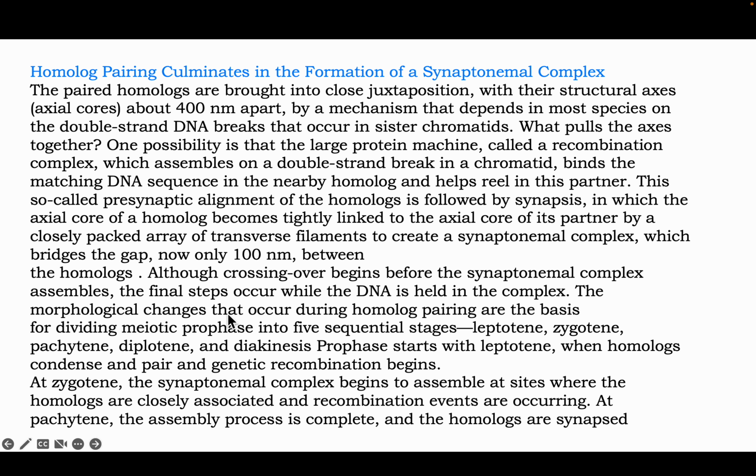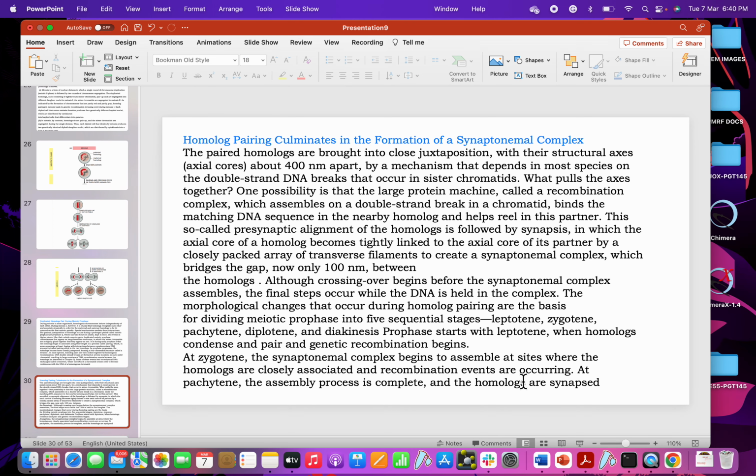The morphological changes that occur during homologue pairing are the basis for dividing meiotic prophase into five sequential stages: leptotene, zygotene, pachytene, diplotene, and diakinesis. Prophase starts with leptotene, when homologues condense and pair and genetic recombination begins. At zygotene, the synaptonemal complex begins to assemble at sites where the homologues are closely associated.